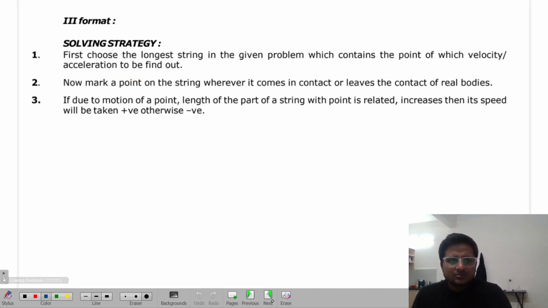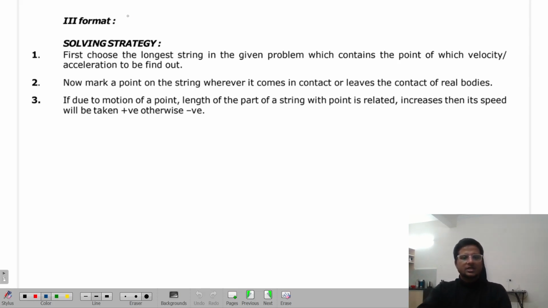So then the problem arises of how to do it in the simplest way. The third format gives the answer to how to do it in the simplest way. The third format is just a many pulleys and many threads system. Are you able to get me?